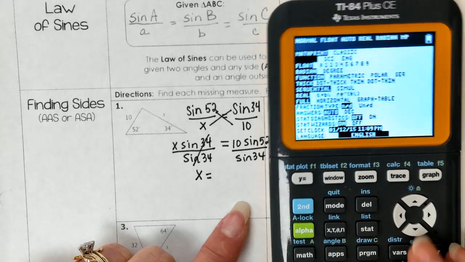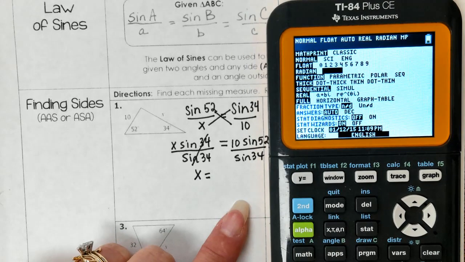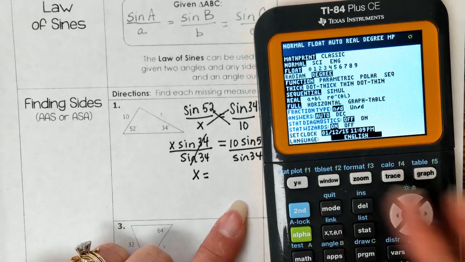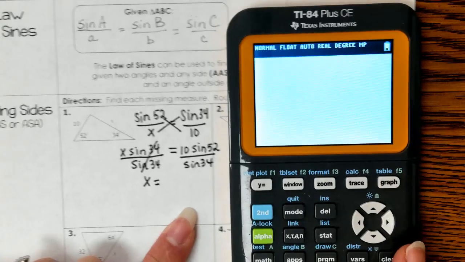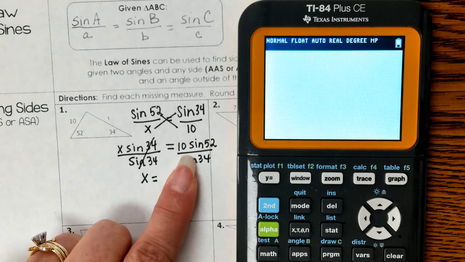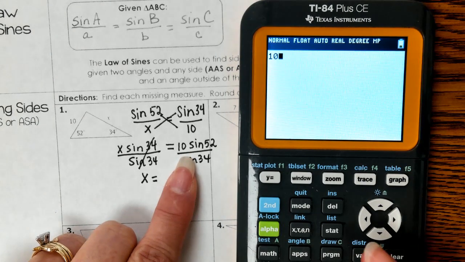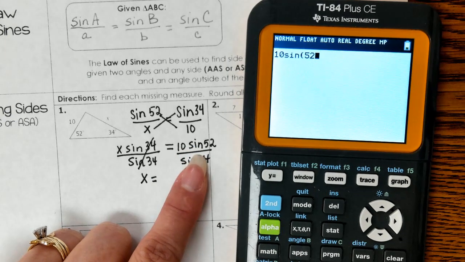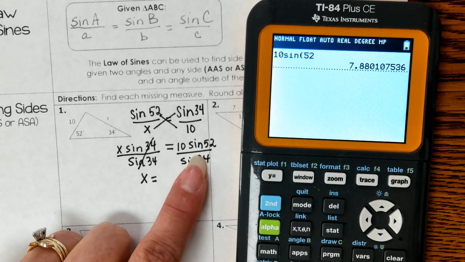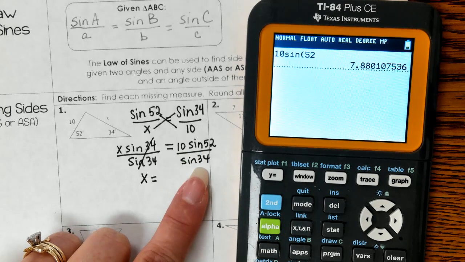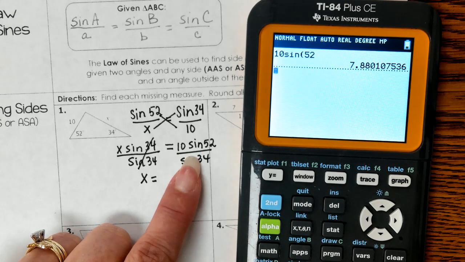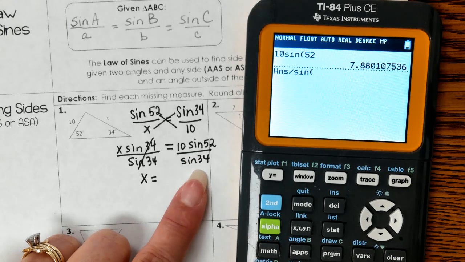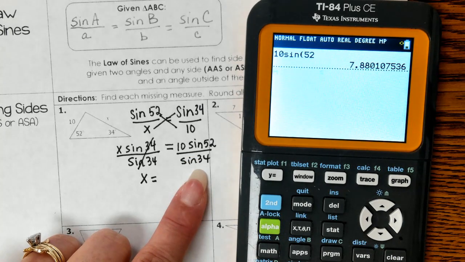Now, I like to type it with the, and I'm in radians. Let me fix my calculator back to degree. Okay, all right, so now I'm in the right mode. I would go 10 sine 52. Now, notice all that's on the numerator. I would go ahead and enter that. So that 7.88 is the top of the fraction, and now I would divide that number by sine 34 and press enter.